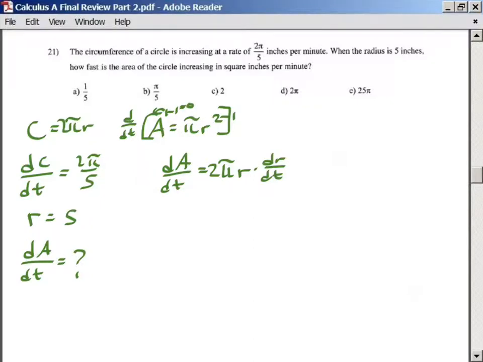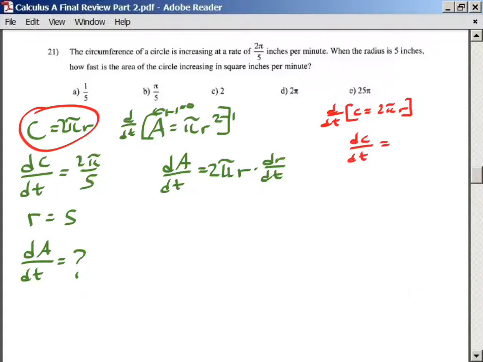Alright, so how am I going to get a dr over dt? This is another equation where I have an r in it, so I'm thinking, why not take the derivative of that one? So let's see. If I have C equals 2 pi r, and I take the derivative of this, d over dt, that would be dC over dt.